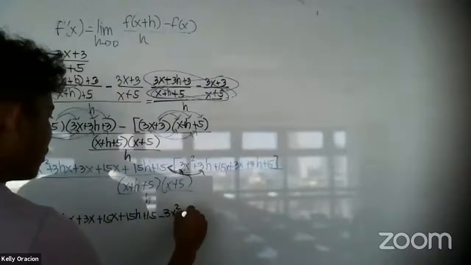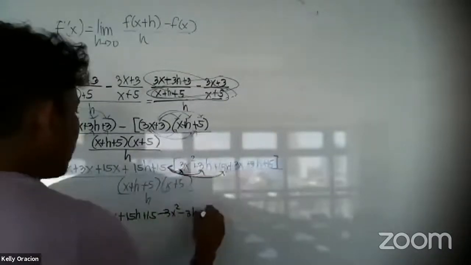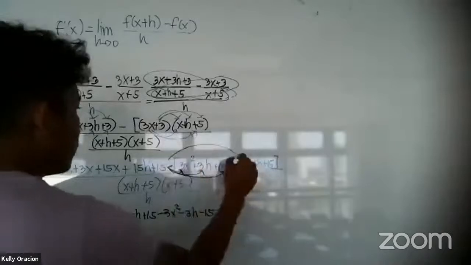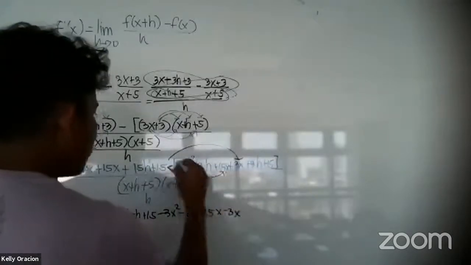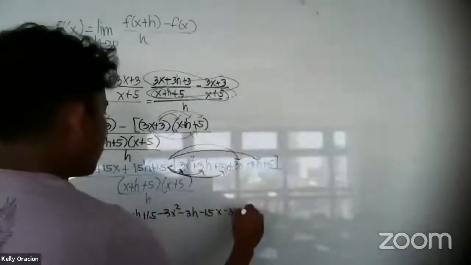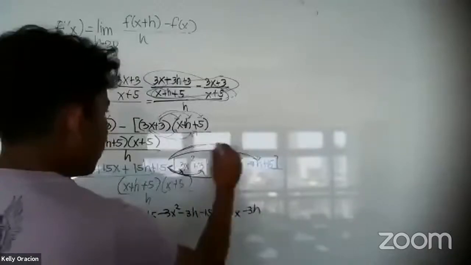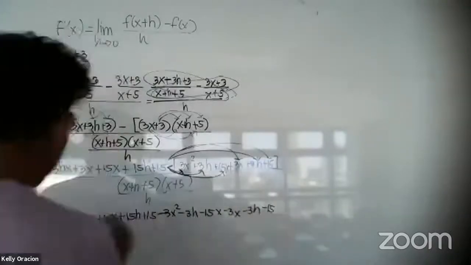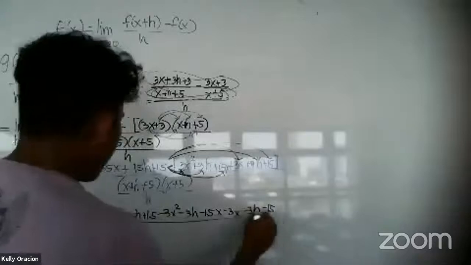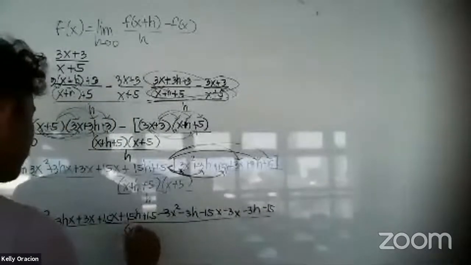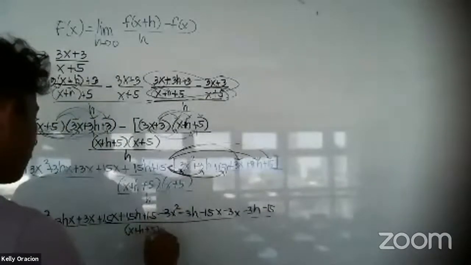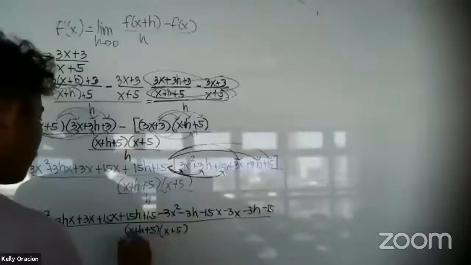That's negative 3h. That's negative 15x. Negative 3x. That's negative 3h. Negative 15 over x plus h plus 5, x plus 5 over h.